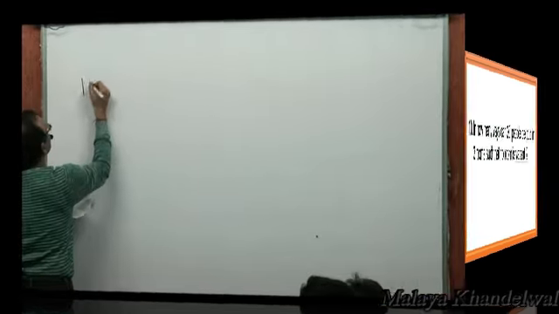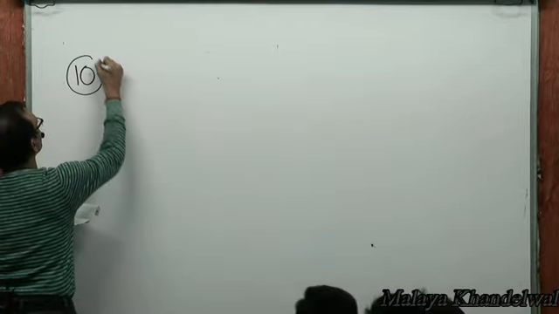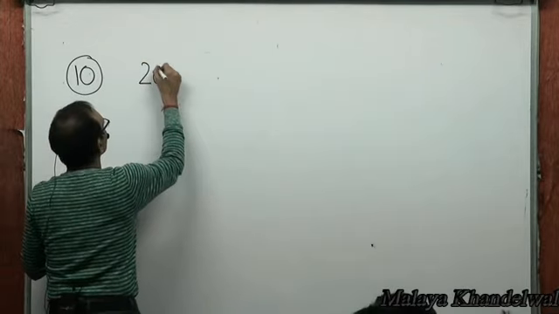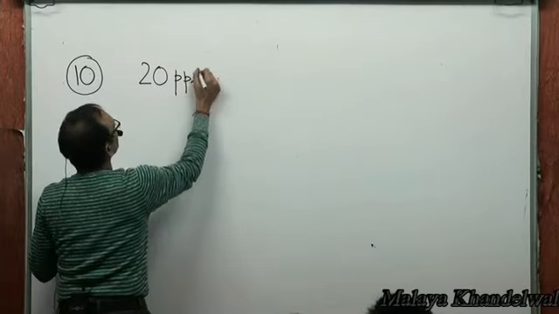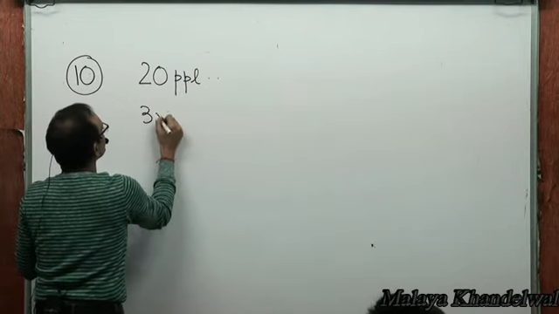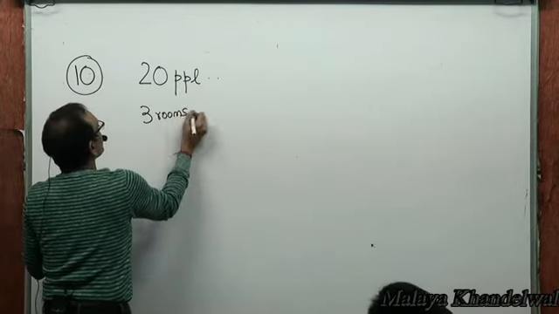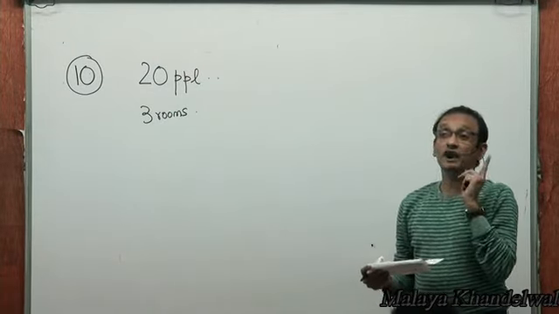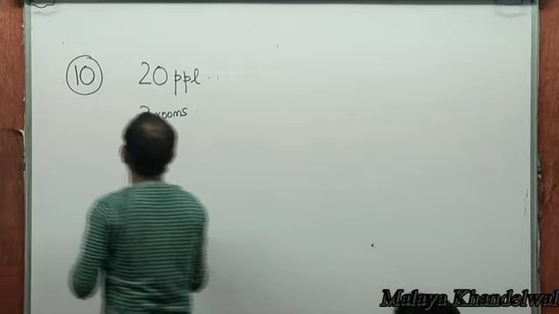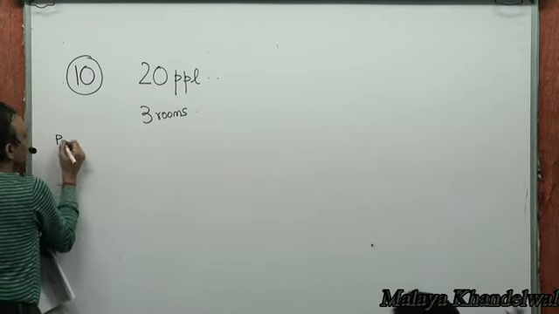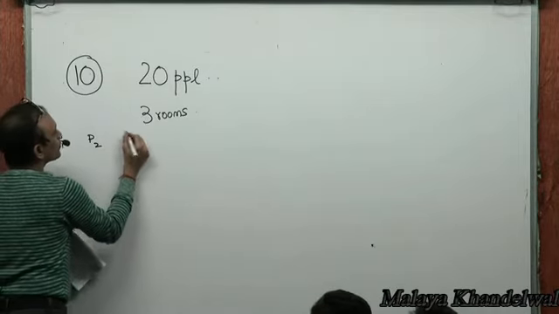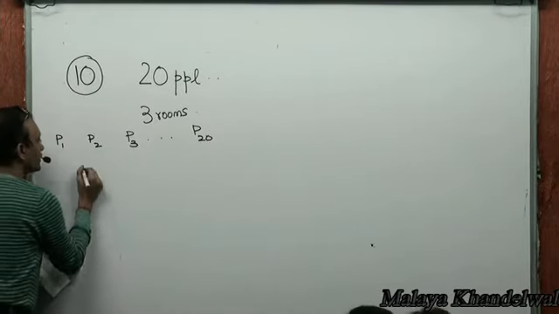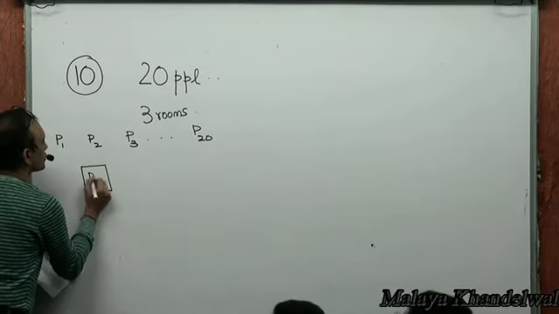Problem number 10. So there are 20 people and you want to organize them in 3 rooms such that no room is vacant, right? These are the 20 people, and these are the 3 rooms.